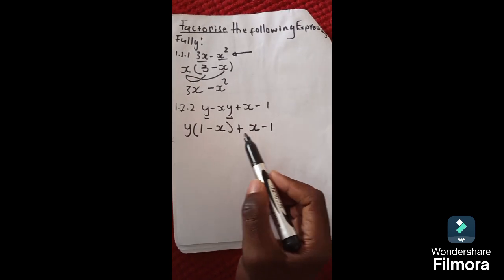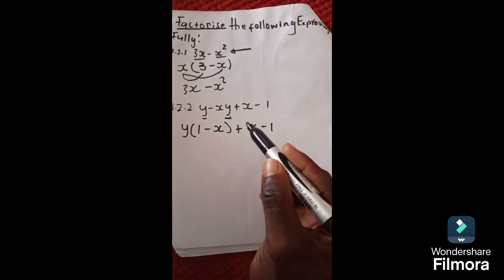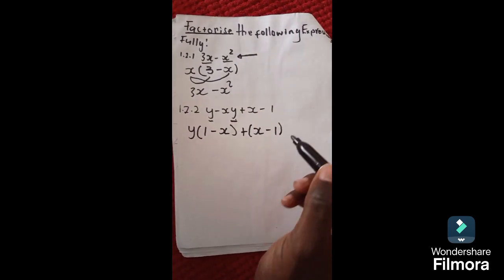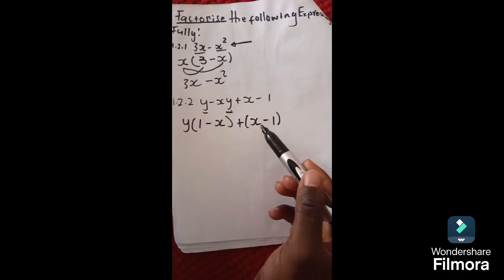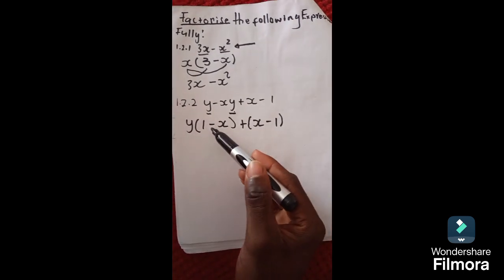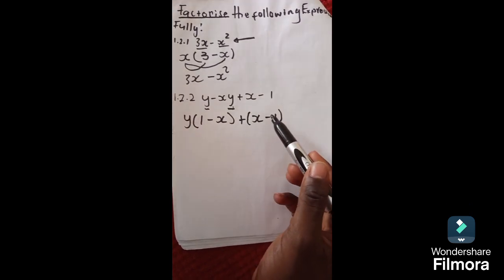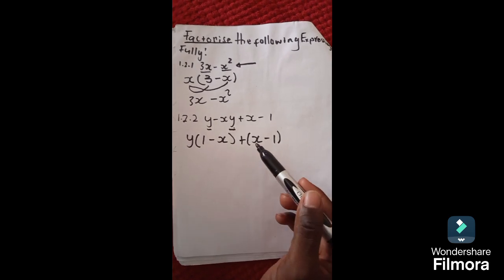If you ever see something like this, whereby you are having an initial factor, it's wise to do a bracket here, right? After doing a bracket here, you'll see that these terms, they are almost the same, just that you have 1 minus x this side, meaning that your number here is positive, but here your number is negative, and then here your letter is negative, and here your letter is positive.